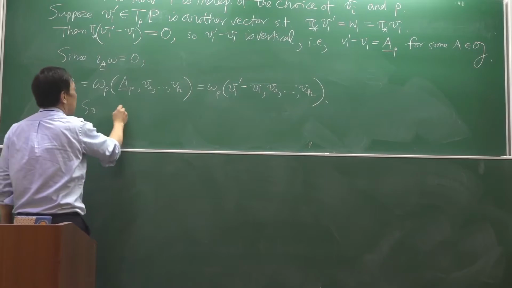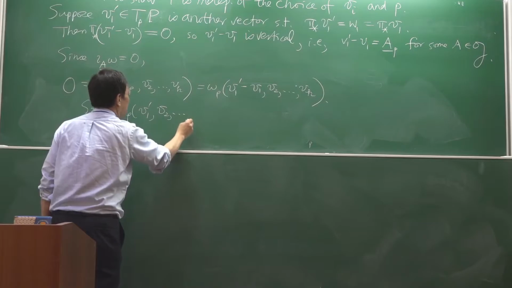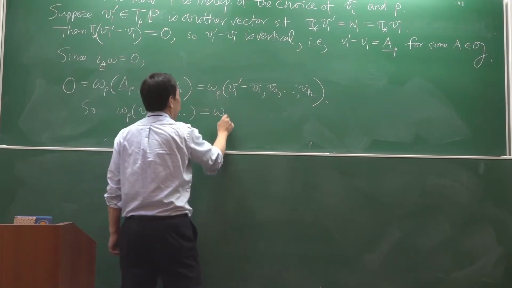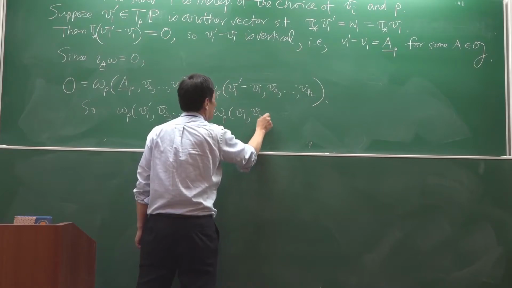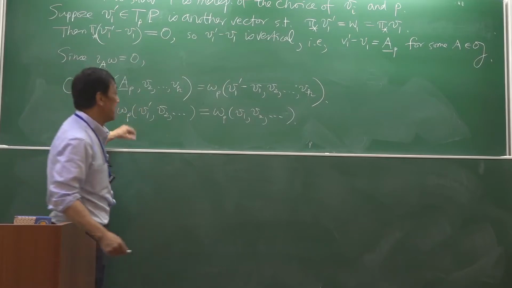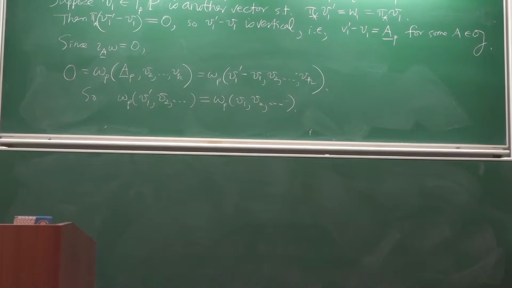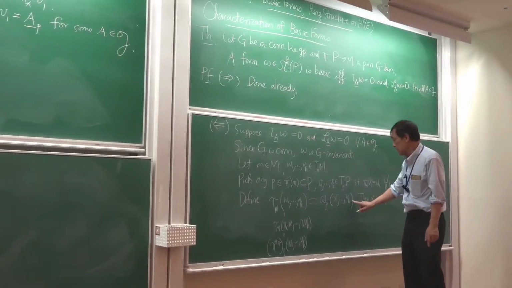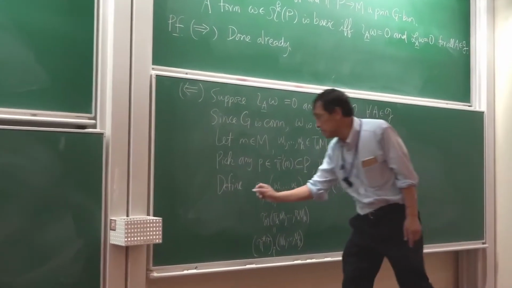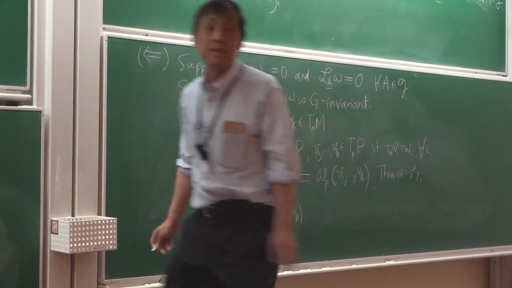So omega at P of V1 prime, V2, ..., Vk is equal to omega at P of V1, V2, ..., Vk. Okay? So this proves that this definition, where is the definition? Here is the definition. So this proves that this definition is independent of the choice of V1.